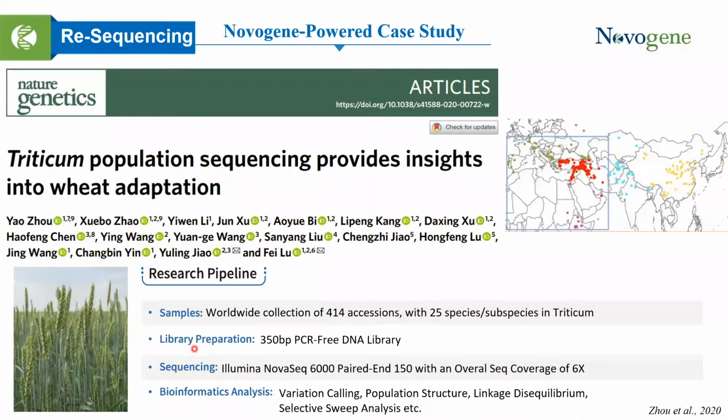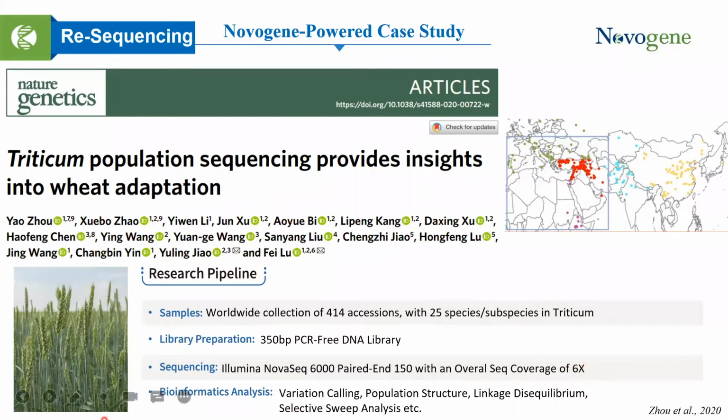Then the extracted DNA samples proceeded to the 350 base pair PCR-free DNA library for sequencing on the Illumina NovaSeq 6000 at 150 with an overall sequencing coverage of 6 times.